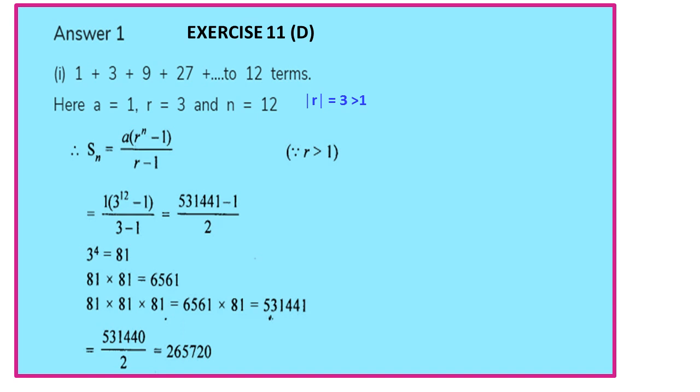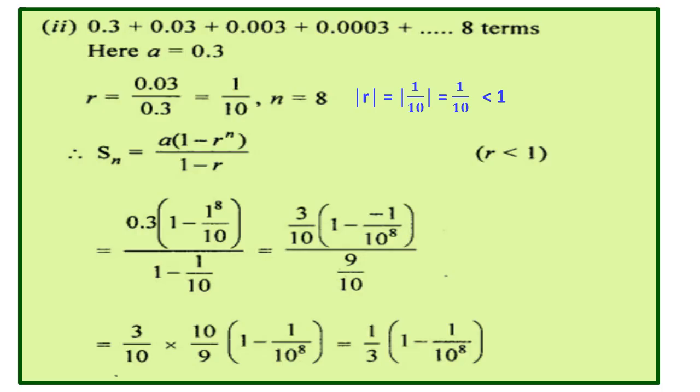So 3 to the power of 12 minus 1; you need to calculate the value of 3 to the power of 12. So the 3 to the power of 12 value is given here. You just do the calculation and multiplication by yourself, and hence the sum of 12 terms of the given GP will be equal to rupees 2,65,720. Question number 2: the terms of the GP are 0.3, 0.03, 0.003 up to 8 terms.